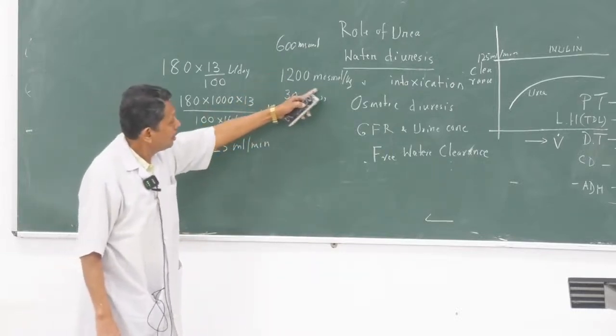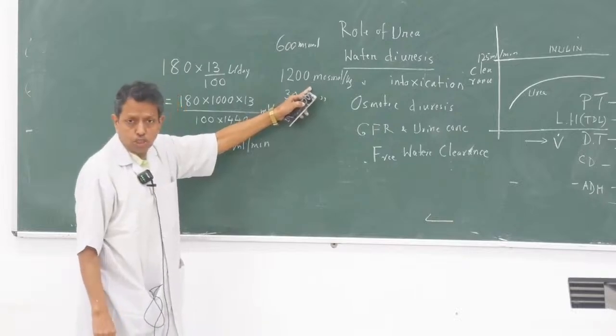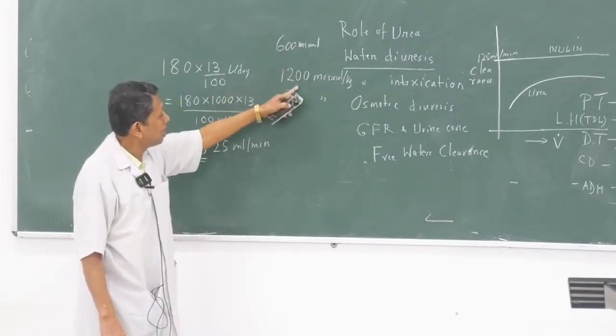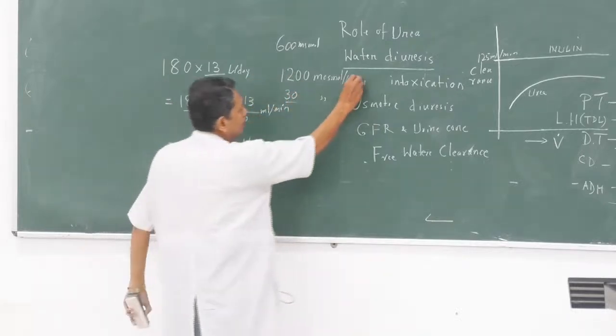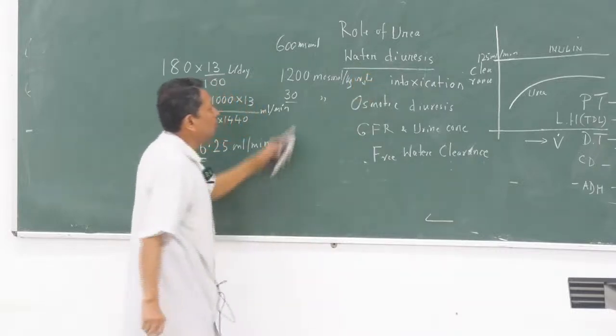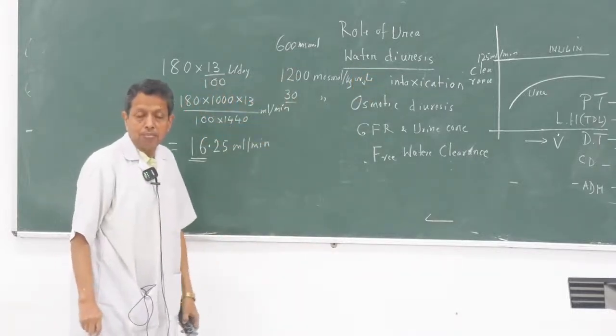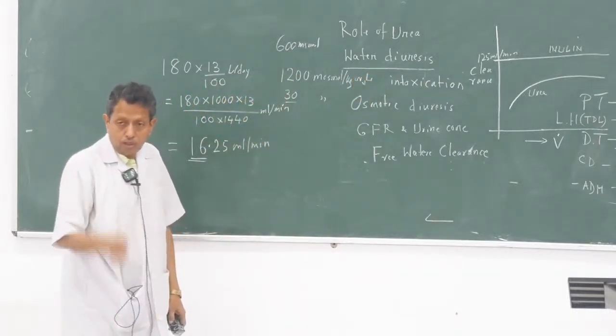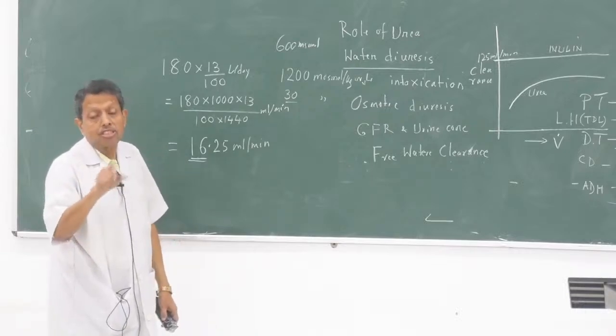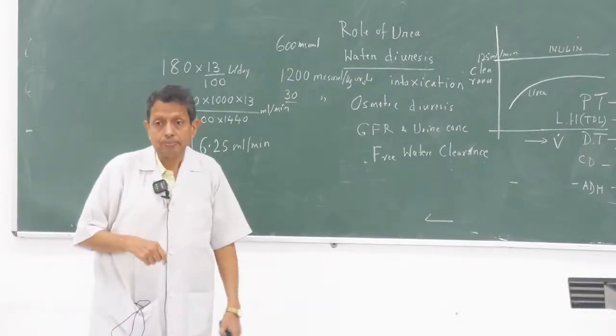So whenever this type of concentration is possible, then 600 divided by this, per kg or liter, whatever it may be. So half a liter of urine is mandatory. If it goes below half a liter, then some of the elements will accumulate.